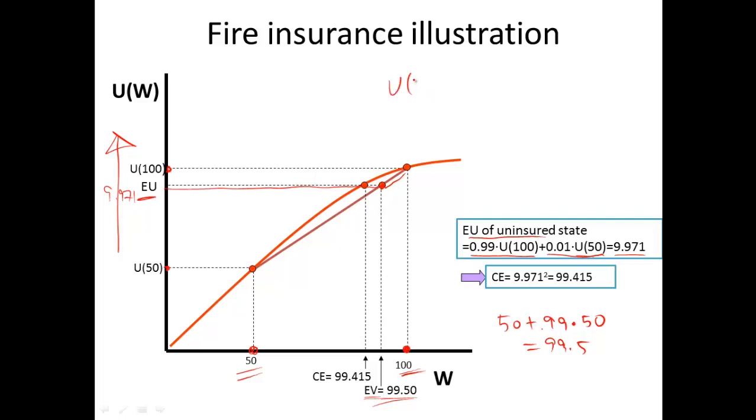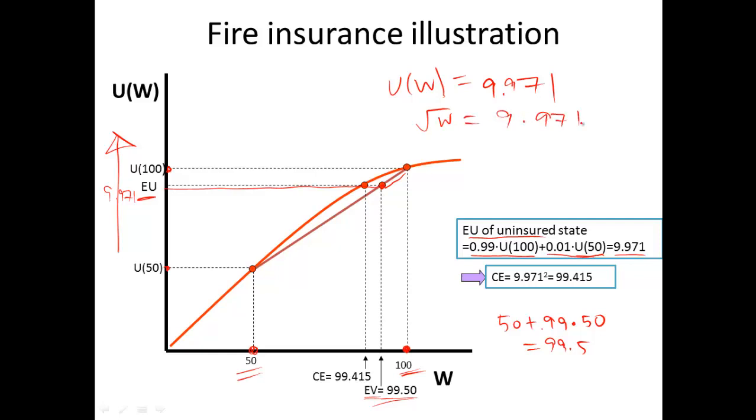Now, those numbers by themselves don't mean all that much, but we can also ask what amount of wealth, so for what W is U of W equal to 9.971? Now, what are we asking when we ask that question? We're asking what amount of money with certainty would make me as happy as facing the risk of fire without insurance. So if I solve that, I'll be finding the certainty equivalent. And indeed, the square root of W equals 9.971.